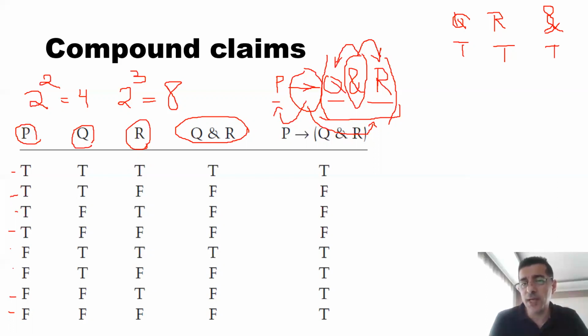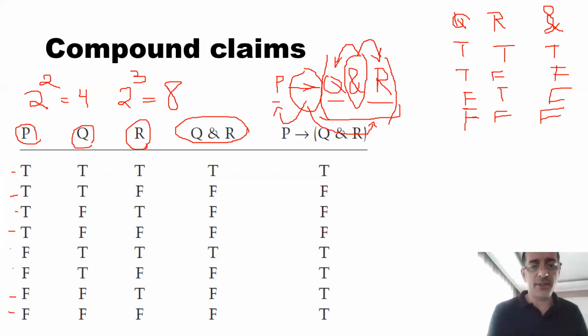All the other options, true and F, would give us an F. And F and true would give us, again, F. So now here, let's look at Q and R to see where they are both true, so we can have a true operator here. So T and T, that would be true. Here, T and F, that would be F. F and T, F. F and F, F. T and T, true. Okay. And all the rest are false again, right?